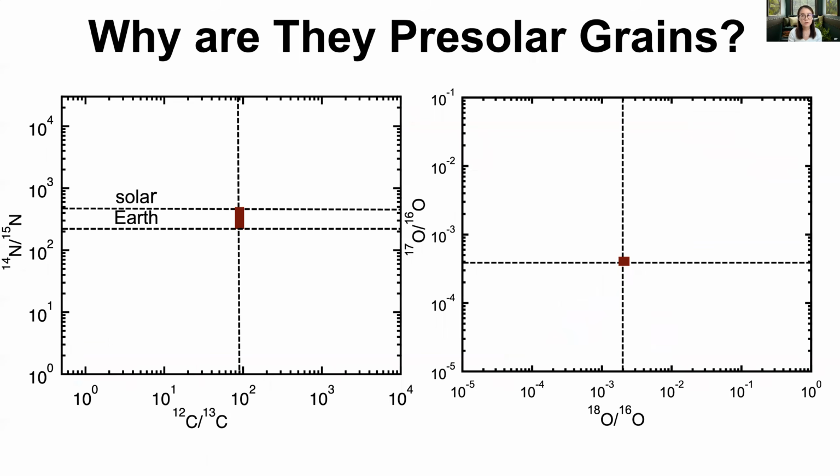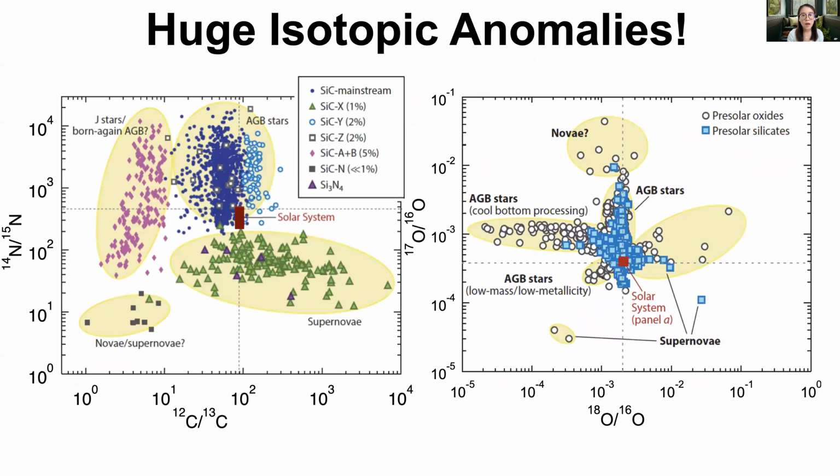Now we zoom out of our solar system and look for dust grains from other solar systems. In these two plots, the solar system appears as this red box. Compared to the solar system, pre-solar grains look quite exotic in their isotopic compositions.